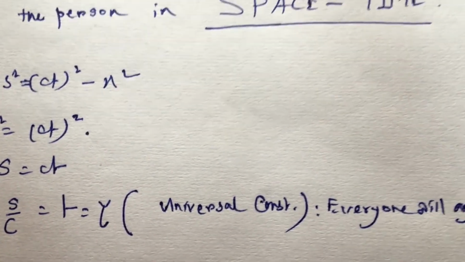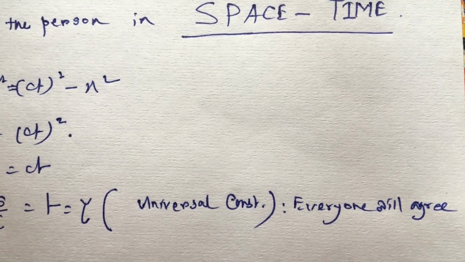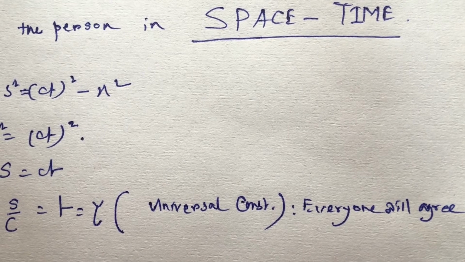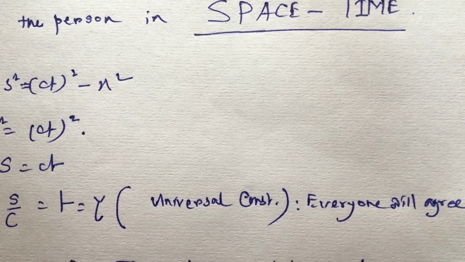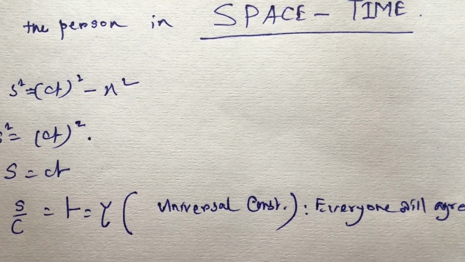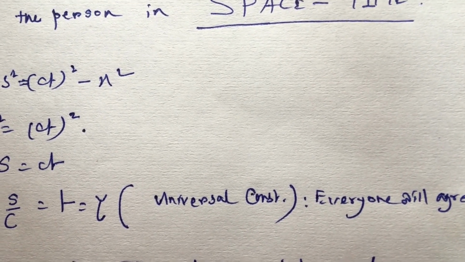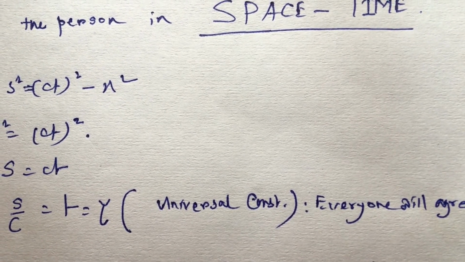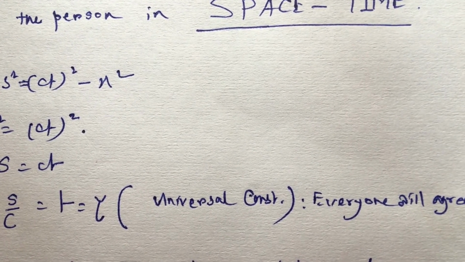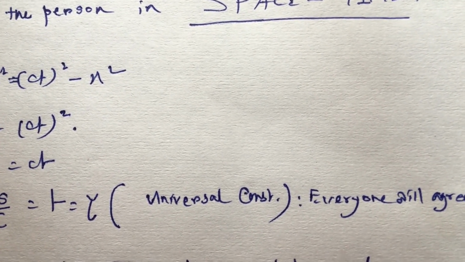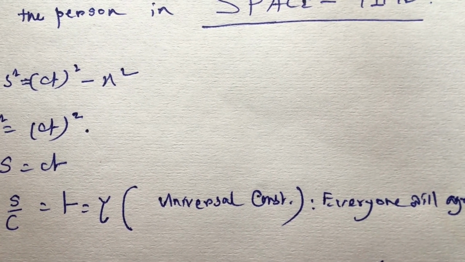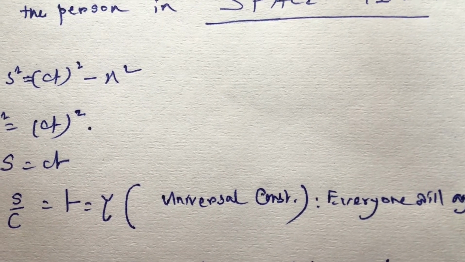So tau is a time interval on which everyone will agree, and this is called the proper time. And this is the longest time we could ever measure. Proper time is the time calculated with the watch in my hand. Except that watch, all the other watches which are moving with respect to me are slowest.